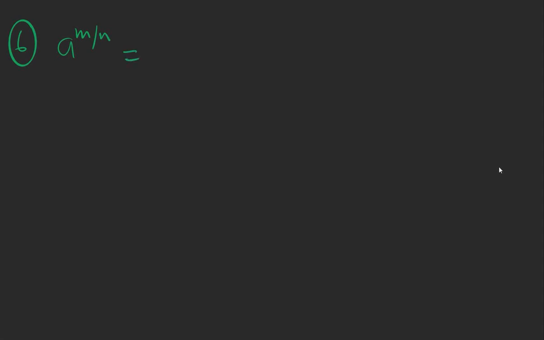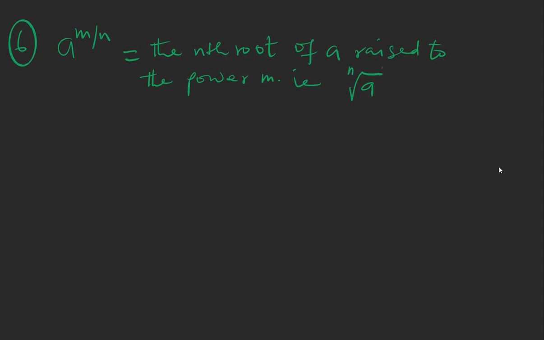The sixth rule of indices is a raised to the power m over n is known as the nth root of a raised to the power m. And that is the same as the nth root of a, raised to the power m.